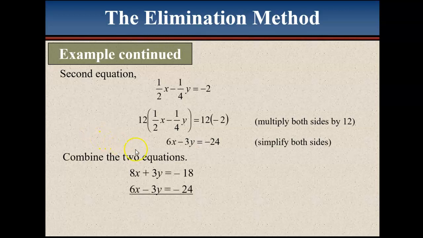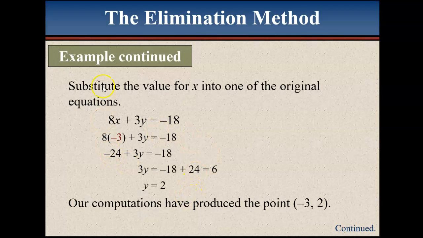So we're going to line up the two equations. They are still opposite of each other. So when we add them, the 3y's will go away. So I have 14x is equal to negative 42, divided by 14, and we have negative 3. Now I need to find my y value, right? I have my x value, let's find the y value. Okay, we're going to do this by substitution. Substituting in negative 3 for x, solve for y.